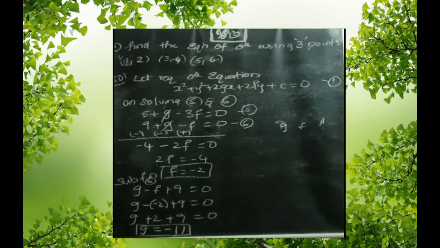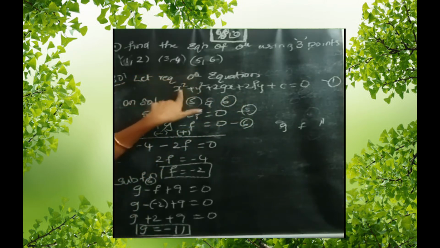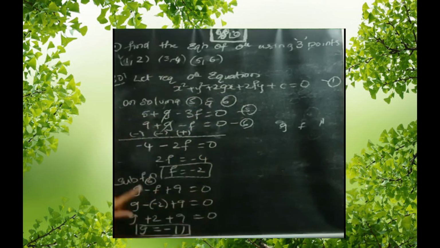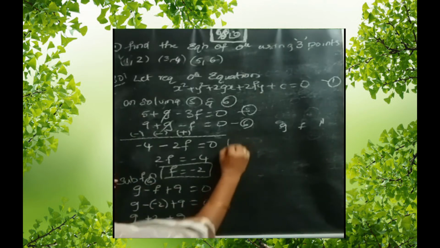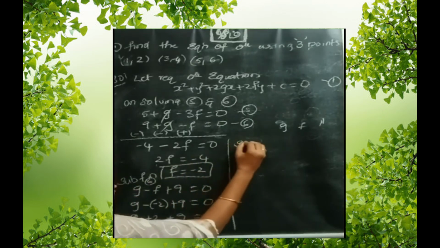Now substitute f and g values in any of the 3 equations, either 2, 3, or 4. See which equation is better for reducing the steps.